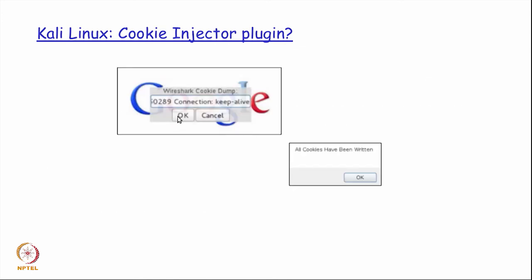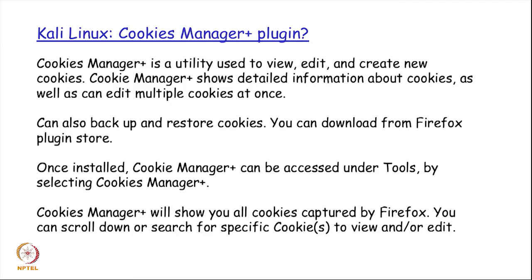Once I press the OK button, I get a confirmation saying that all cookies have been written. Whatever contents have been captured and pasted here, I could save, or I could go ahead and modify it and then save it, depending on my specific requirement of what I am trying to do on this particular web application server.